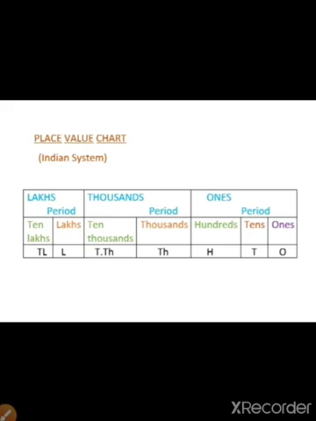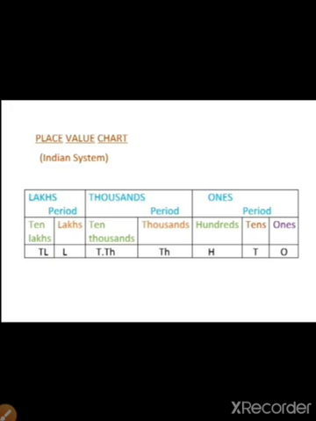Students, now you can see the place value chart of Indian system. It is divided into 3 groups known as the periods. We have to write the periods from the right side to the left side. So the 3 periods from right to left are ones period, thousands period and lakhs period.